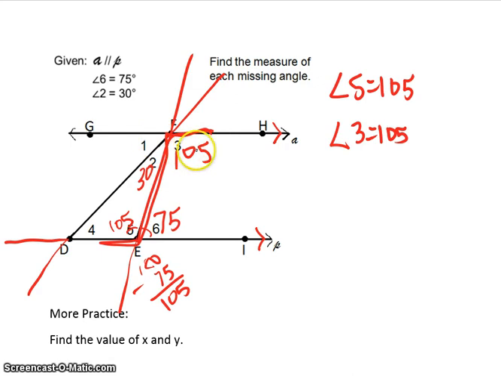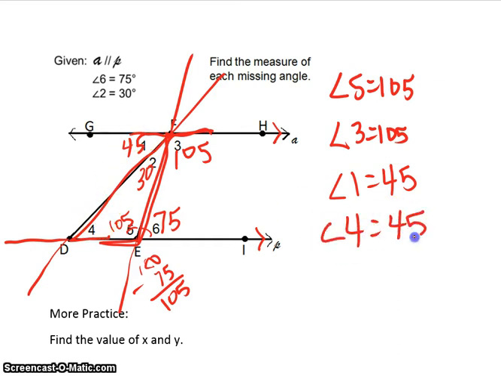So I can take 105 plus 30, which is 135, and subtract that from 180, and that is going to give me 45 degrees to be my angle 1. And lastly, then I can see if I make another Z with angle 1 and angle 4, angle 1 and angle 4 are AIAs, so that means angle 4 is also 45 degrees. Now, I know I went through that quickly, so make sure you go back through and watch this again if you did not catch on to that.